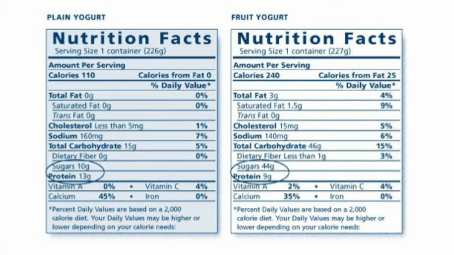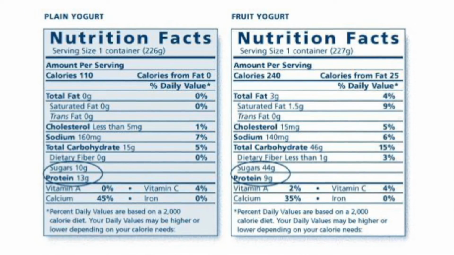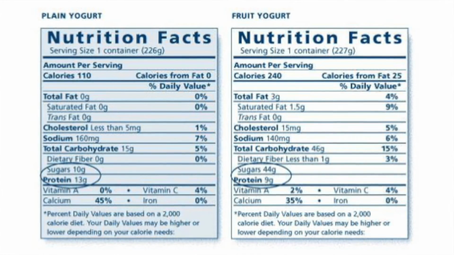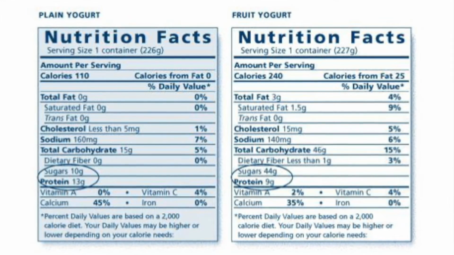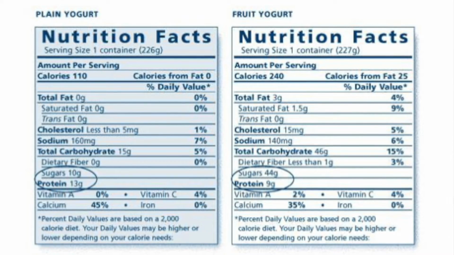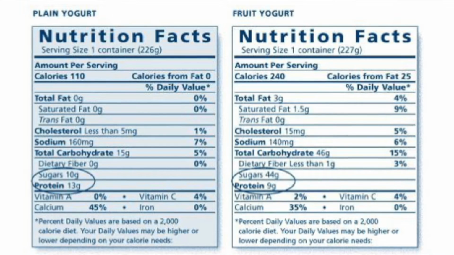Now, we don't necessarily know in this case, just because it's the old label, whether this is sugar that's actually in the product, meaning coming from the fruit, or coming from the lactose, which is the sugar from the yogurt, or if the company is actually adding sugar. Are they adding high fructose corn syrup? Are they adding honey to this product? We don't necessarily know.